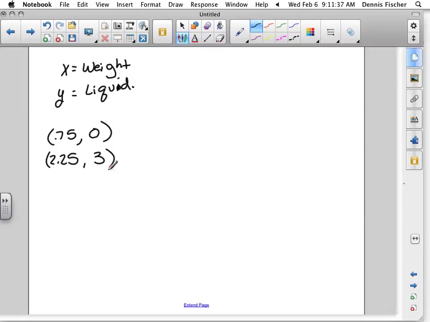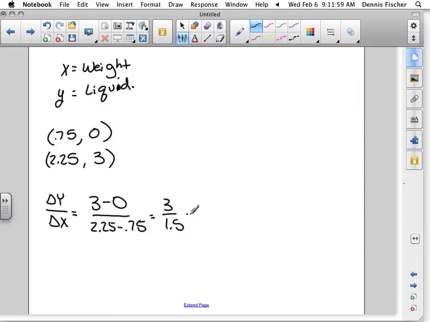There's a couple ways of doing it, not a big deal here: change of y over change of x. So I got 3 minus 0 over 2.25 minus 0.75. So 3 minus 0 is 3 over 1.5, I believe, which is 2.